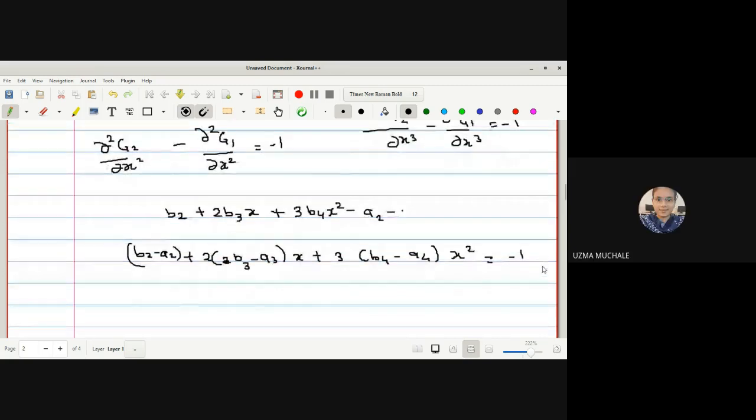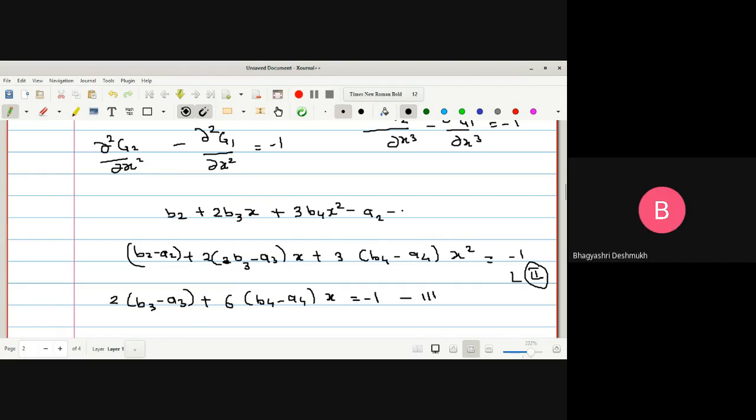Okay, tell me the second one. 2 times B3 minus A3 plus 6 times B4 minus A4 into x is equal to minus 1.